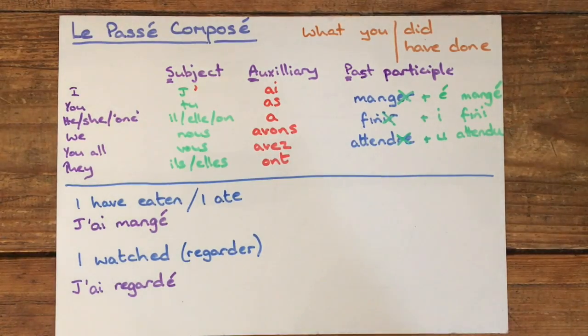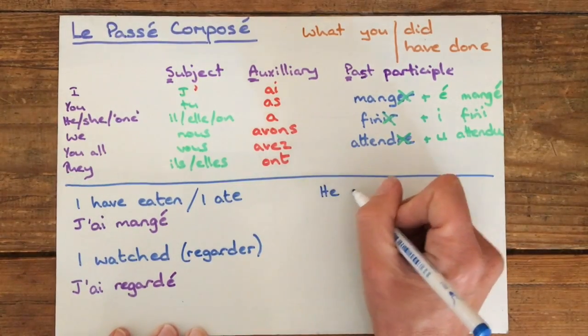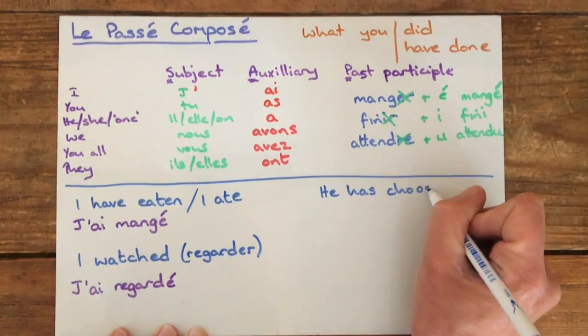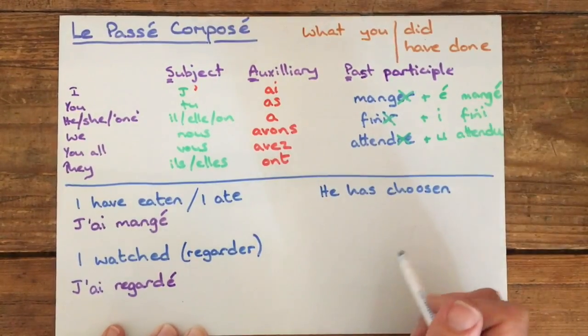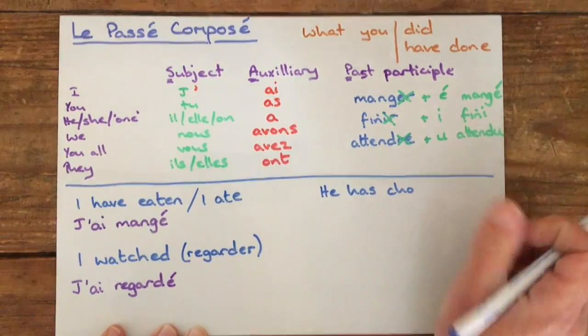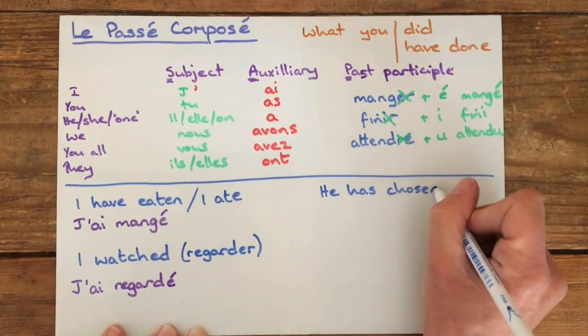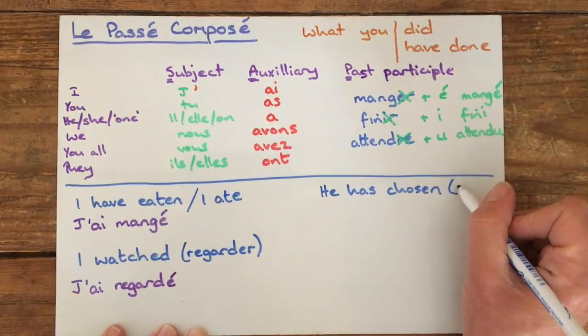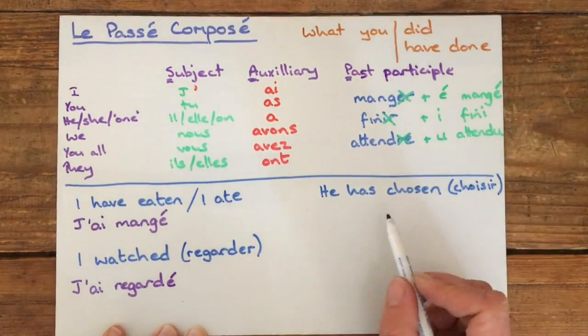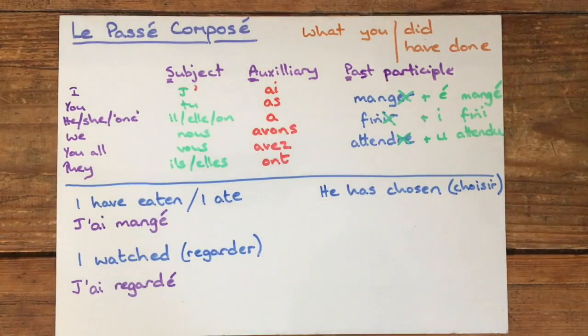What about he has chosen, or he chose? It's the same. Probably help if I spelt that right. I was thinking of choose. He has chosen. Choisir is the French verb. He has chosen or he chose.